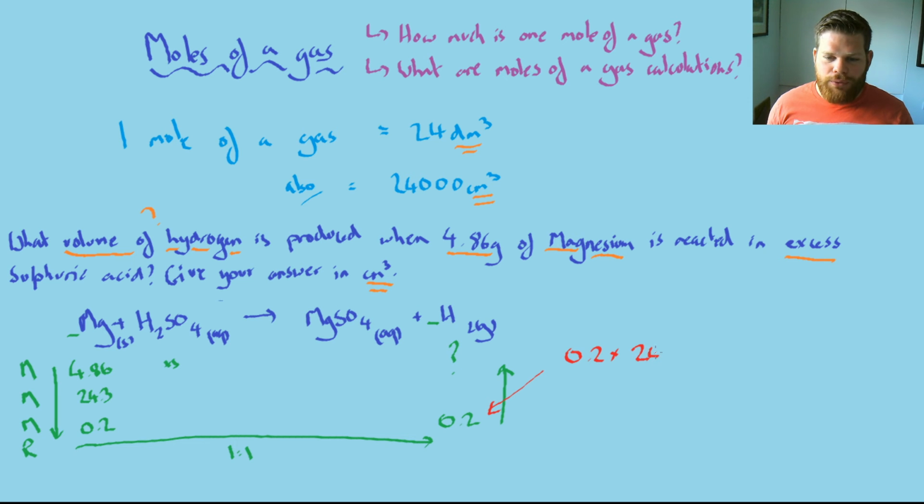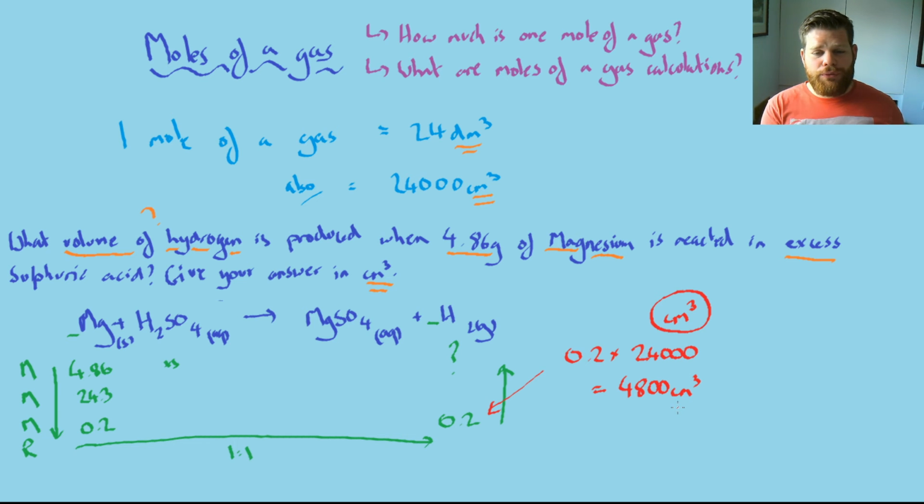Why am I using 24,000 instead of 24? Well, that's because of that last little bit of the question that says give your answer in centimeters cubed. Plug that into my calculator and I get the answer 4,800 centimeters cubed.